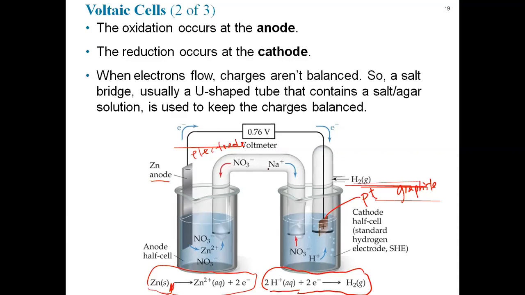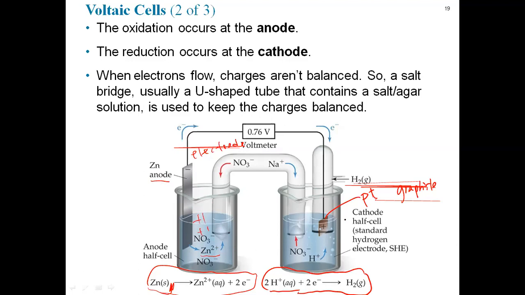When you connect these two beakers, as soon as you connect them, the electrons will flow out from the zinc atom. So the zinc atom becomes a zinc ion, and if you don't balance the charge, you are building up more and more positive ions here.